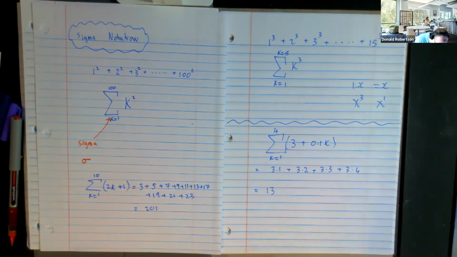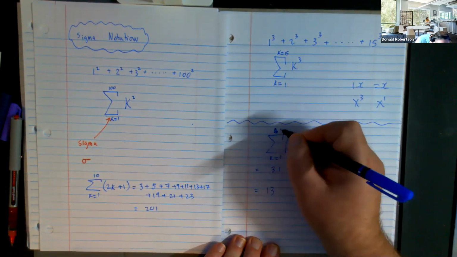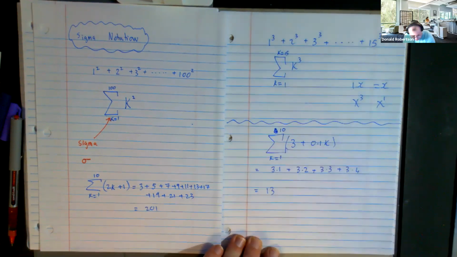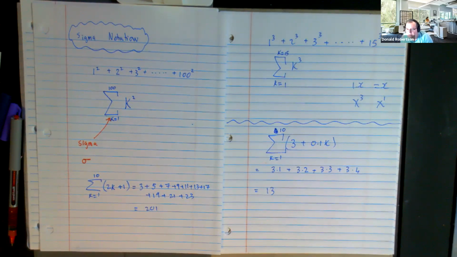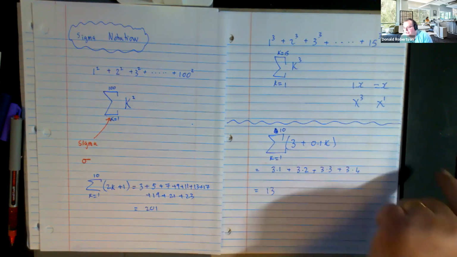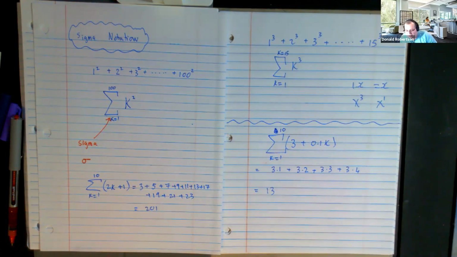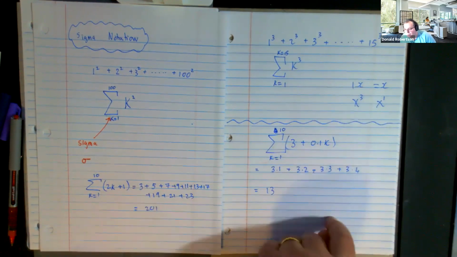Now, what they're likely to do to you, because WebAssign does not like you, is that they'll get you to do that. Now, it's not harder, it's just boring and longer. Agreed? You just have to add 10 things, right? So 3.5, add 3.6, add 3.7. So when you're hitting your buttons on your calculator, will you please be careful?